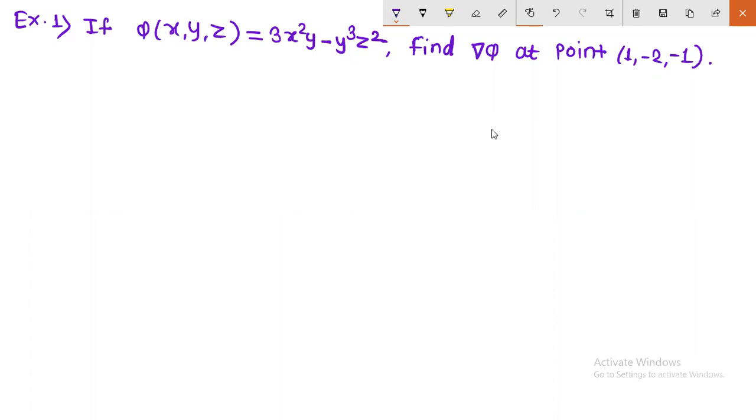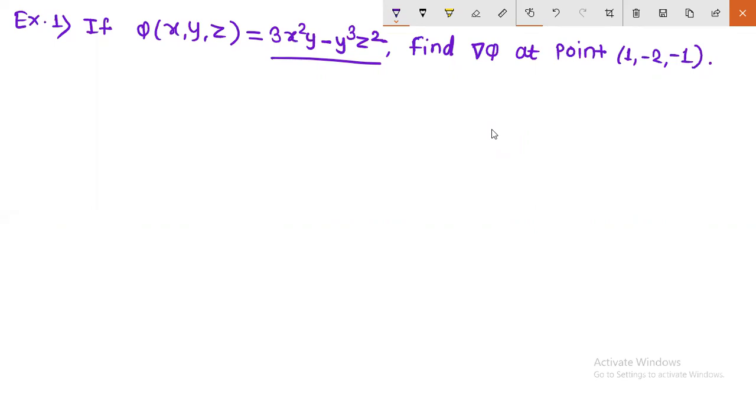Is there any vector in this equation? No. Then which quantity? Scalar. If there is a bar x, a bar y, a bar z or any other unit vector present, then you can say this is a vector quantity. But if no unit vector is present, only scalar quantities are given here.